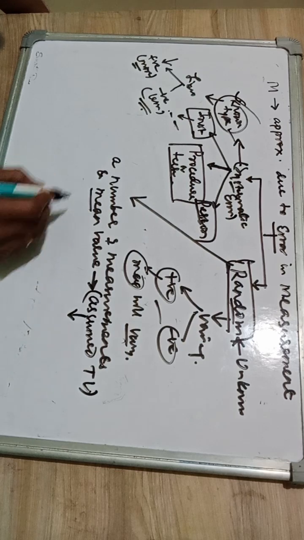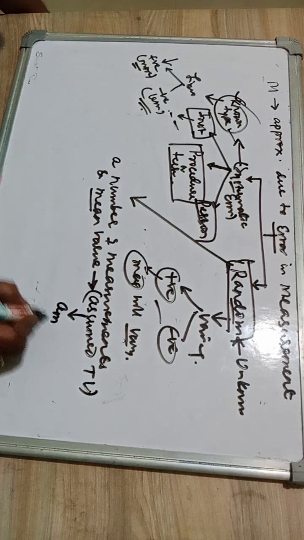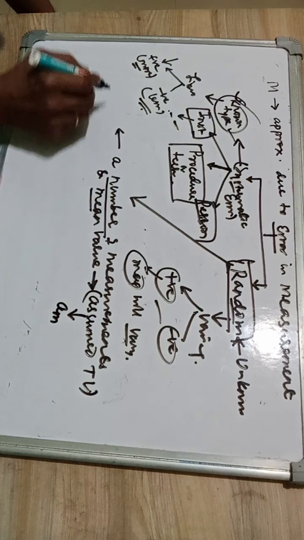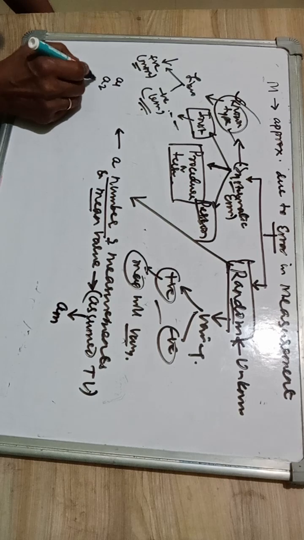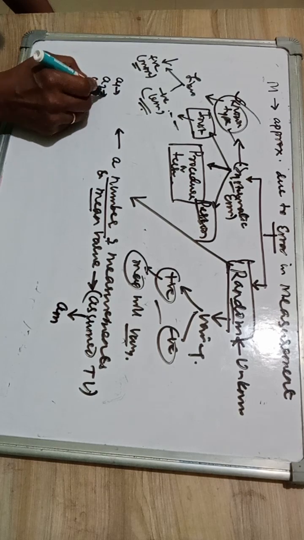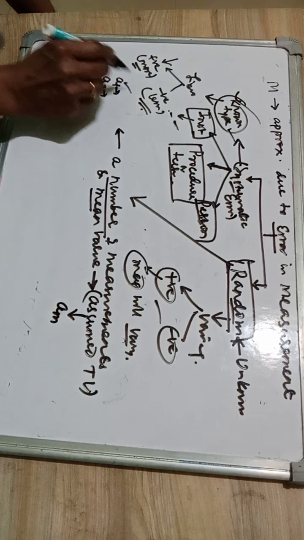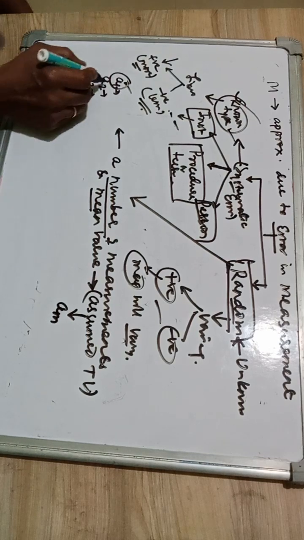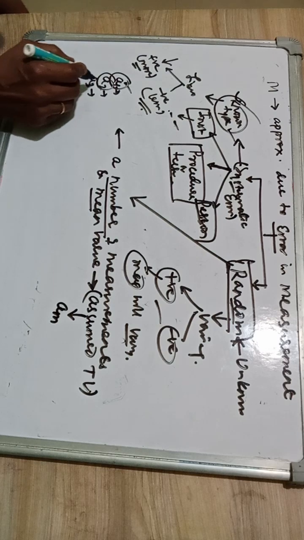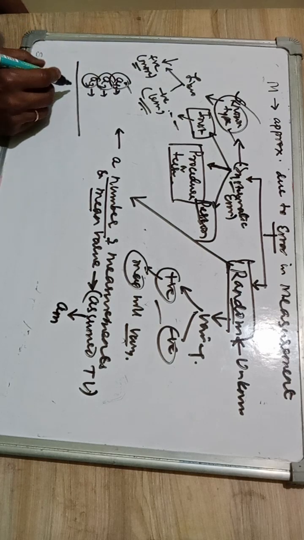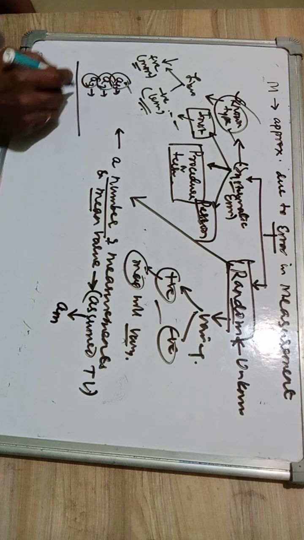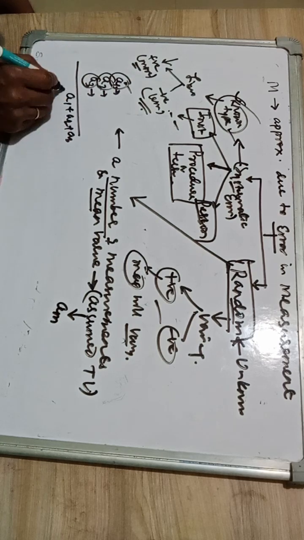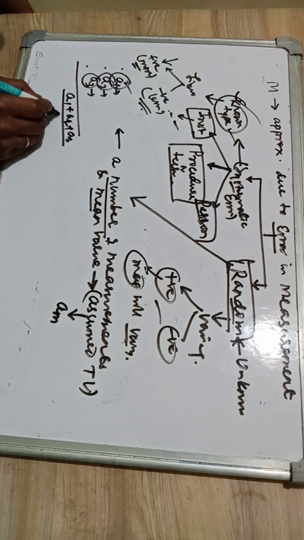This is the mean or average. A number of measurements are being done. Suppose we get the measured values A1, A2, A3. In the first measurement, our measured value is A1, in the second one A2, and A3. The mean or average value of these measurements is A1 plus A2 plus A3, divided by the number of measurements, which is 3.